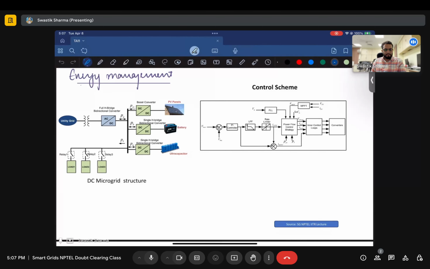So we know that we have various different DERs, right? These batteries, these PV panels, everything that is connected to the grid or anywhere is something that can be controlled, right? The power output or input to that DER or that generator can be controlled. And how can we provide a control over that?